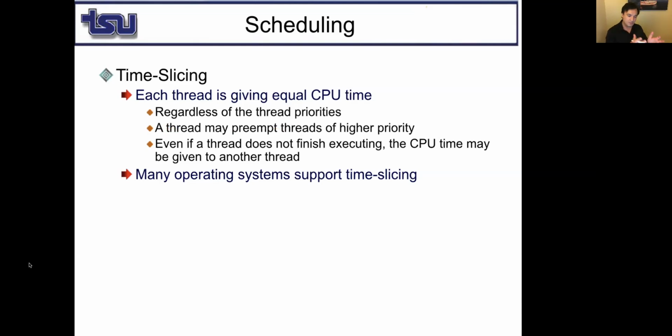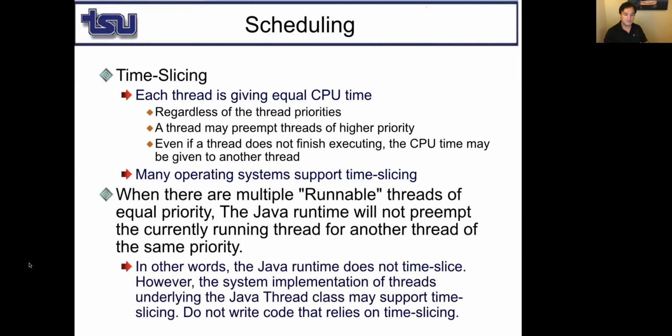So, hey, you executed for a certain amount of time, now it's my turn, no matter how important you are, okay? Even if a thread does not finish executing, the CPU time may be given to another thread. Let's say that I give you fixed time. You execute, you are not done yet, well, I'm not gonna stop you. I will give time to the other one. Many operating systems support time slicing, okay?